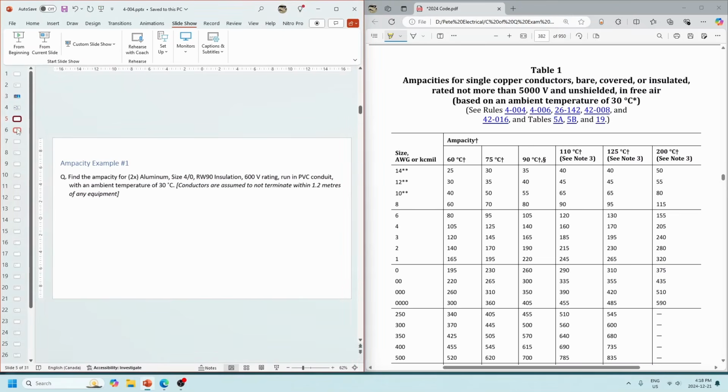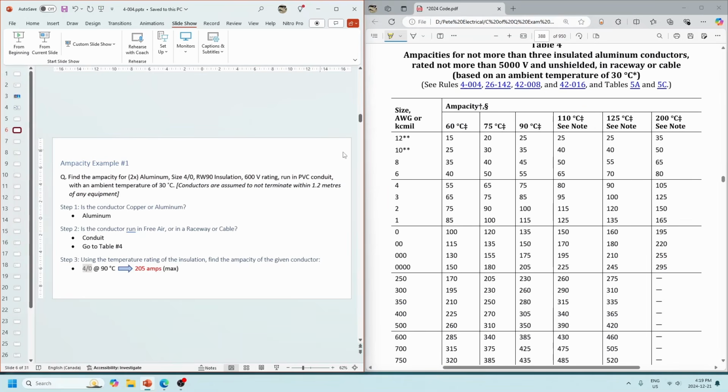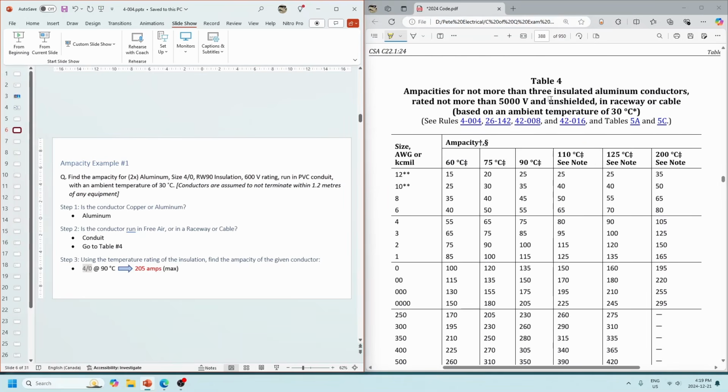Okay, I've got the answers on the next slide here. The first thing is we look at whether it's copper or aluminum. We're looking at aluminum, and then we look at whether it's free air, a raceway, or a cable. In this case, the conductors are run in PVC conduit, so we're going to be looking at table 4, aluminum conductors in a raceway.